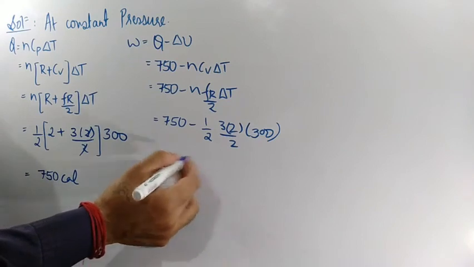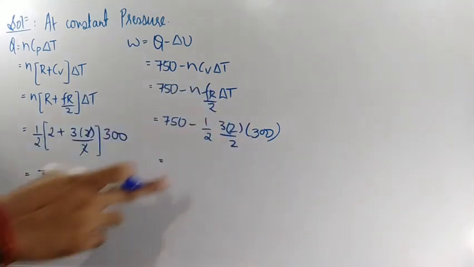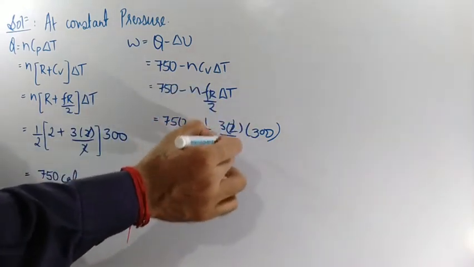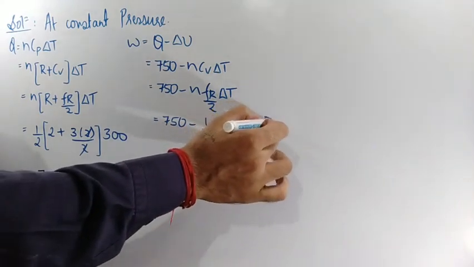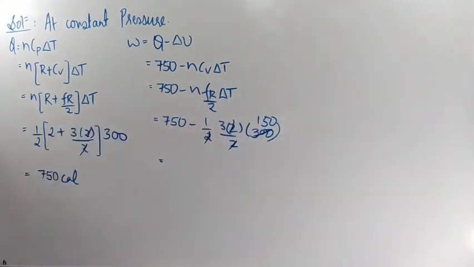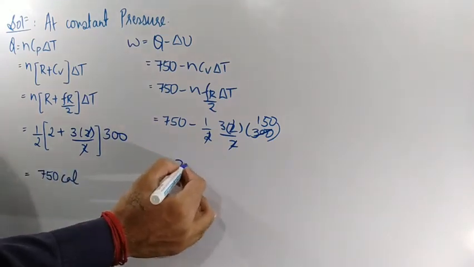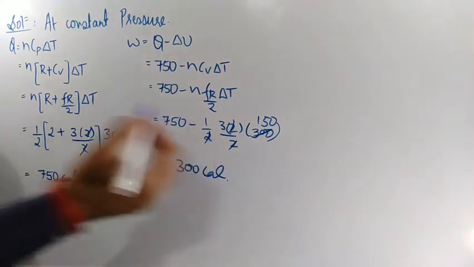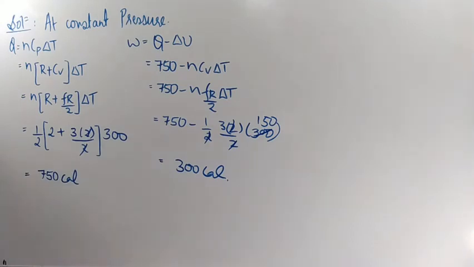So if you calculate this, the 2 will get cancelled. 2 ones are 2, 150 into 3 is 450. 750 minus 450, you are going to get 300 calorie. Clear? So the remaining one, at constant volume, will you try? Shall I erase the board? One second, I will be erasing.